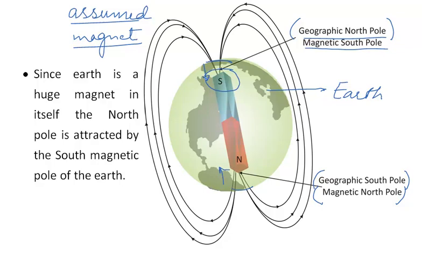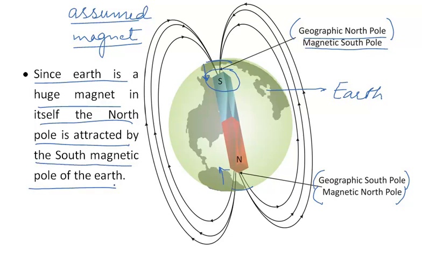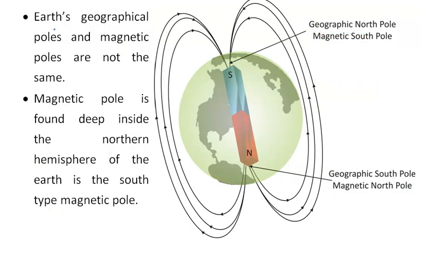Now let us look at the points. Since Earth is a huge magnet in itself, the north pole is attracted by the south magnetic pole of the Earth. And Earth's geographical poles and magnetic poles are not the same.